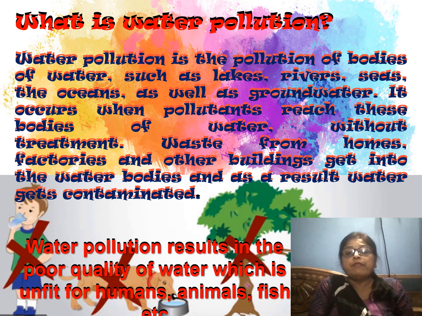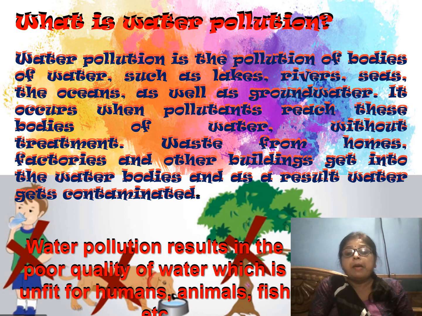It occurs when pollutants reach these bodies of water without treatment. Waste from homes, factories and other buildings gets into the water bodies, and the water gets contaminated. It means it is not for use. First it needs purification of water.